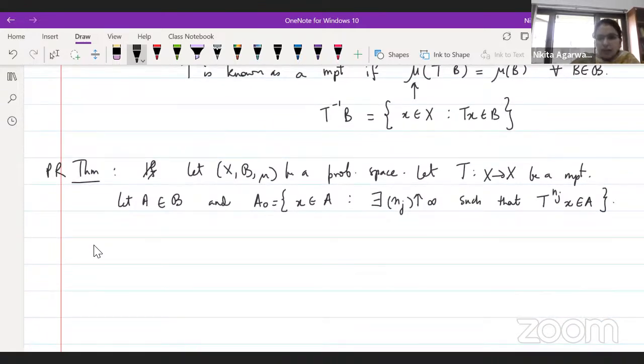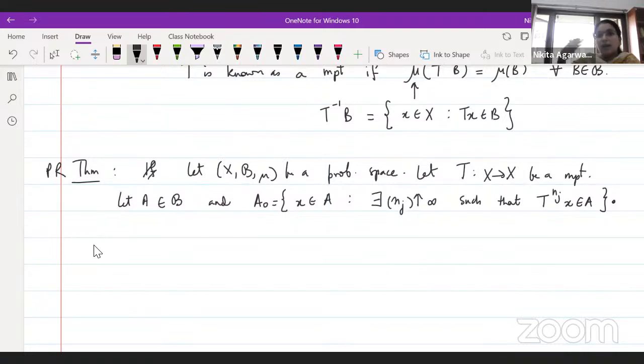So let us understand this collection A naught. You start with any set A in the sigma algebra. You look at all those points in A such that their orbit comes back to A infinitely many times.